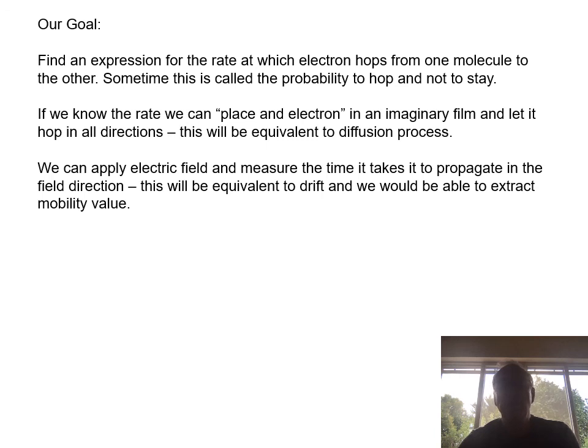We want to know what would be the rate. We have an electron on one molecule. We want to move it to the next molecule in line. And we want to know what's going to happen. How would an electric field affect the situation, etc. So this is the plan for the next slides.